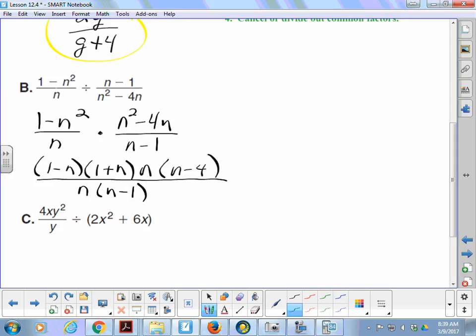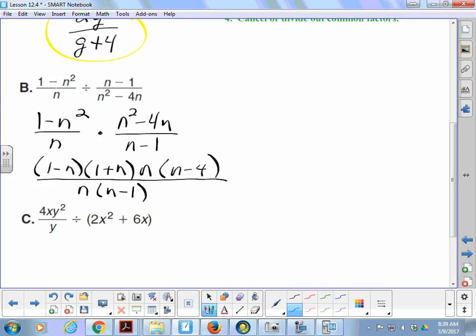So what can we get rid of? Michael, what can I get rid of? The 1 minus n? But this says n minus 1. Are those the same? No, they have to be the same.